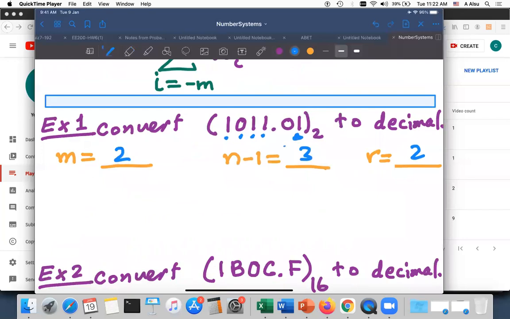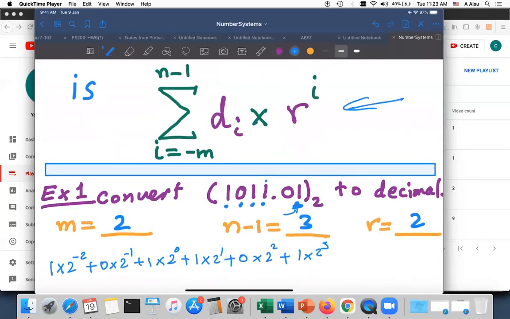The value is going to be 1 times 2 to the minus 2, plus 0 times 2 to the minus 1, plus 1 times 2 to the 0, plus 1 times 2 to the 1, plus 0 times 2 to the 2, plus 1 times 2 to the 3. Okay? It's just a direct application of this formula here.